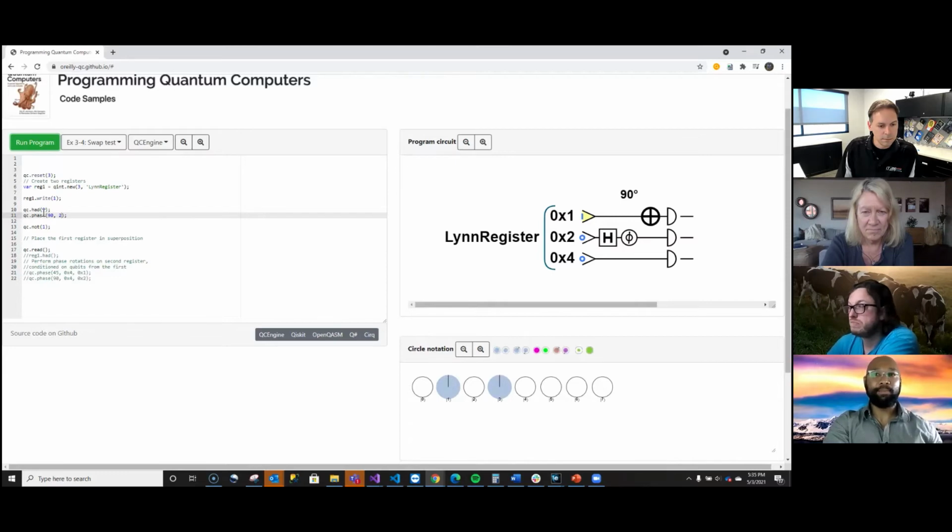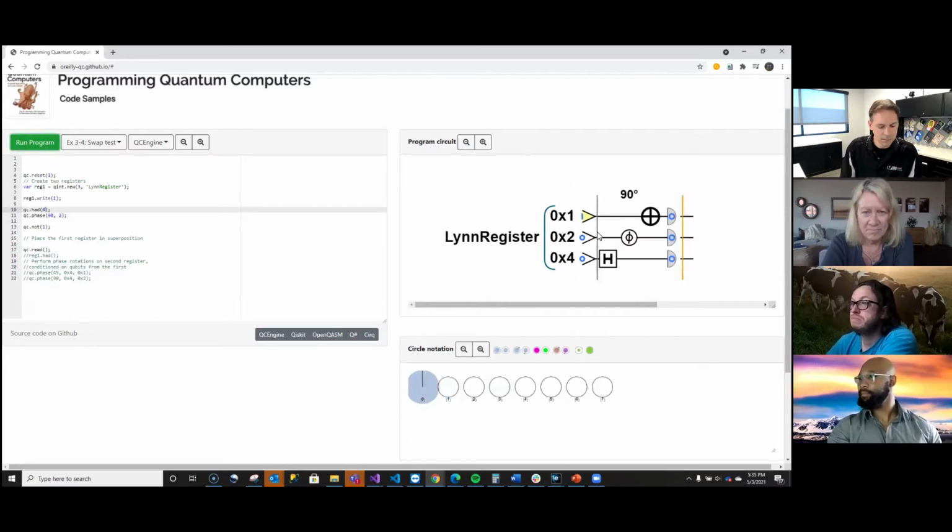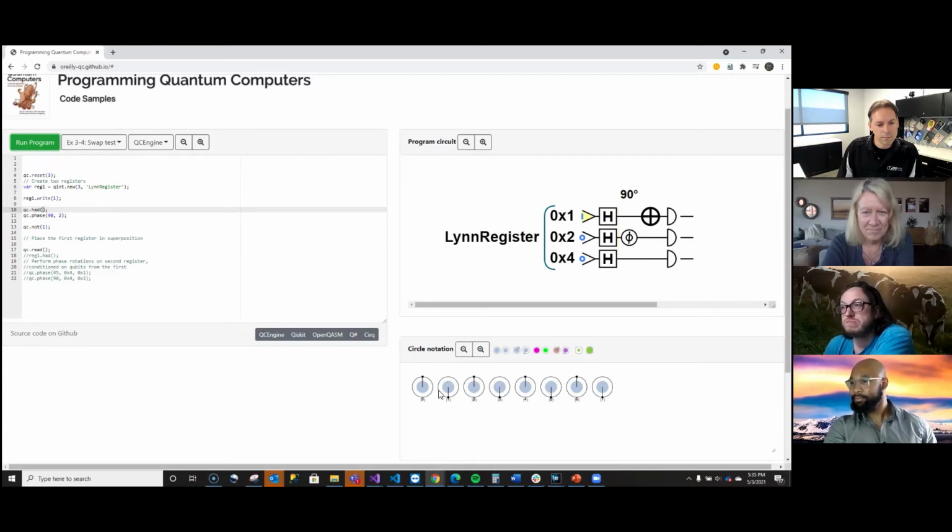Now, we can make things more interesting. Actually, let's do it. Let's put the whole thing in superposition. As you can tell here, different angles. Now here you have the phase operation applied to the second qubit.